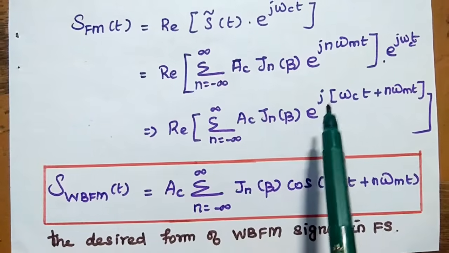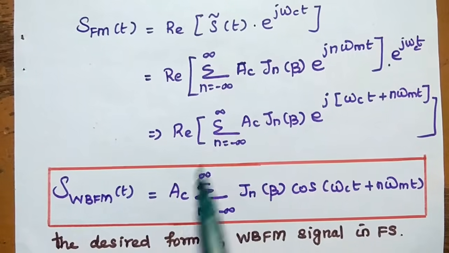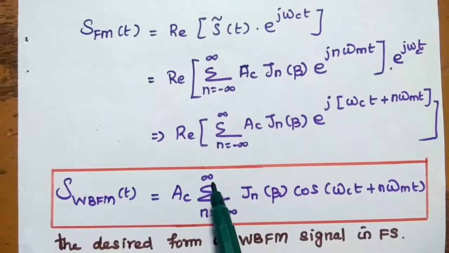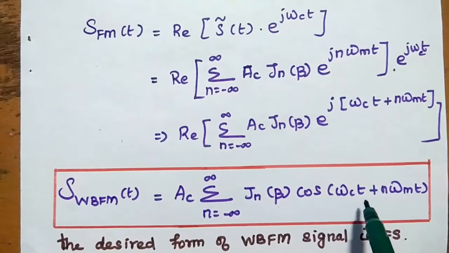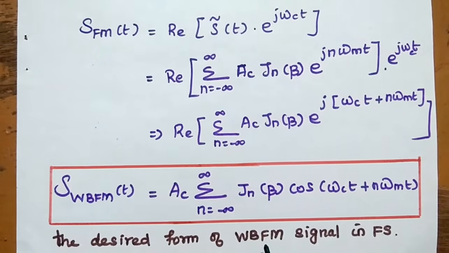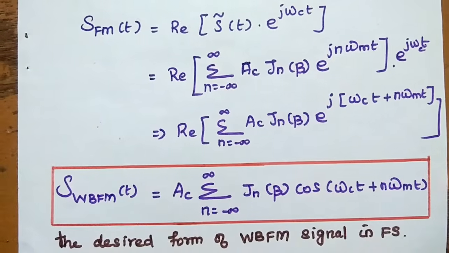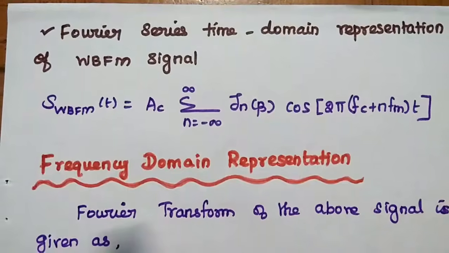AC is a constant term, we can take it outside. So AC summation n is equal to minus infinity to infinity Jn of beta cos (omega c plus n omega m) t. So this is the expression of wideband frequency modulated signal in terms of Fourier series.